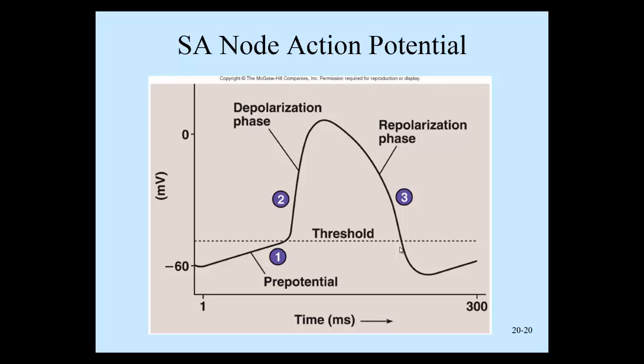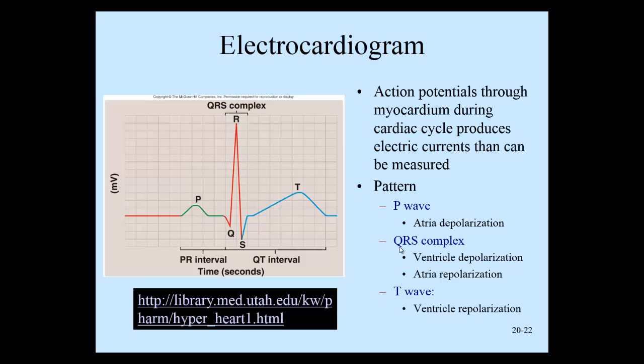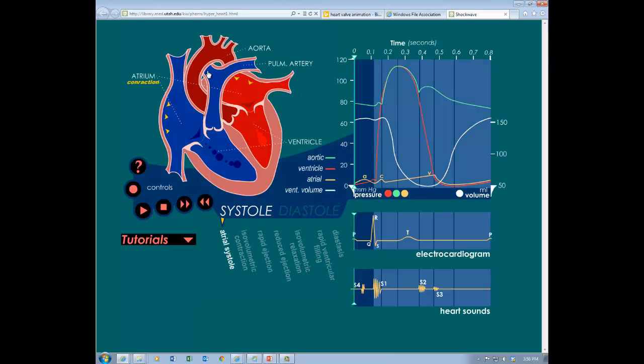So looking at an EKG here, we can see the different parts of the EKG as it relates to heart function. So I'm going to click on this animation here, which really puts everything together. We can see the different parts of the cardiac cycle that line up with the EKG.